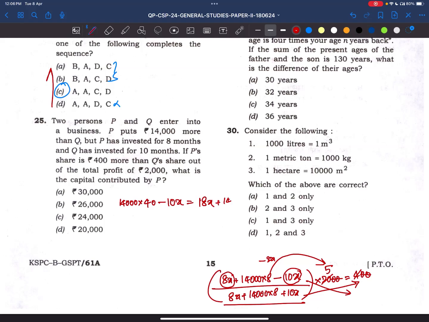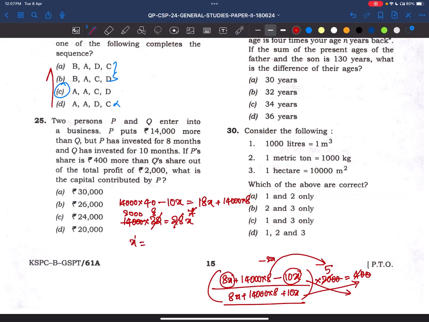Plus 14,000 into 8. Now after rearranging, what will we get? 14,000 into 32 is equal to 28x. Now see, 4 7s are 28, so this is 7 times 2000.